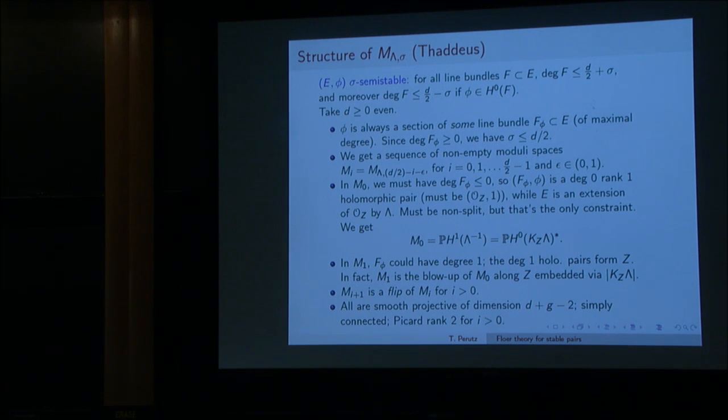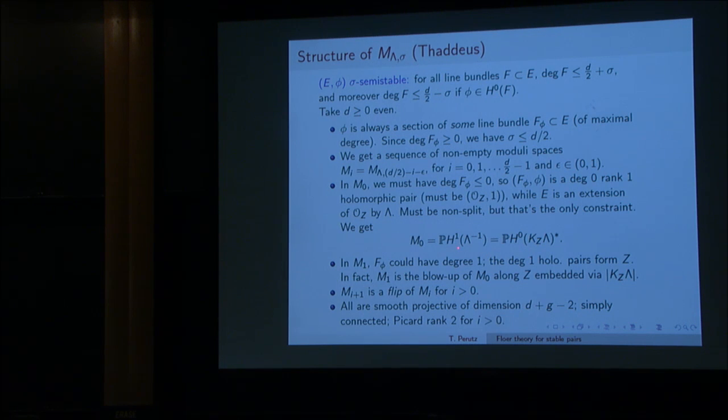Looking a little more at the defining inequalities, you see that it cannot be a split extension, because if it were, then you would get a line subbundle of too big a degree. But it turns out that's the only constraint. So an element in M_0 is basically determined by an extension of the trivial line bundle by lambda.